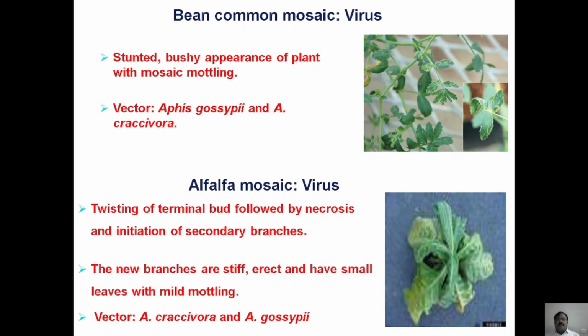The same Aphis gossypii as well as Aphis craccivora also transmits the alfalfa mosaic virus, which produces twisting of the terminal bud followed by necrosis of the affected portion, and due to necrosis, initiation of secondary branches occurs. These new branches become very stiff and erect, with small crowded leaves and mild mottling symptoms.